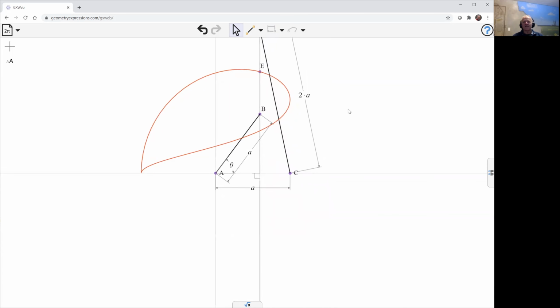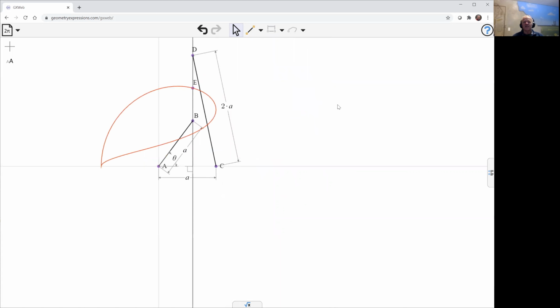Now again, there's going to be a second related curve to this. If we put a second piece, oops, I missed the line. Let's just make those incident and make this length 2a.